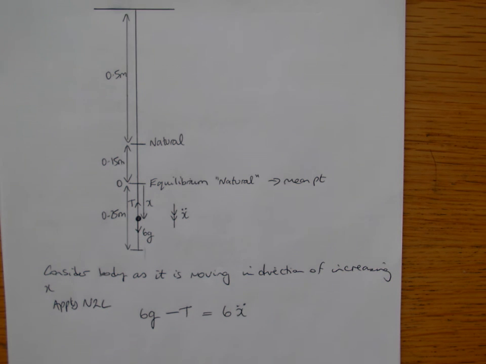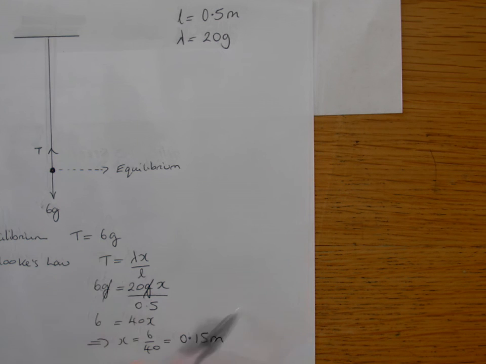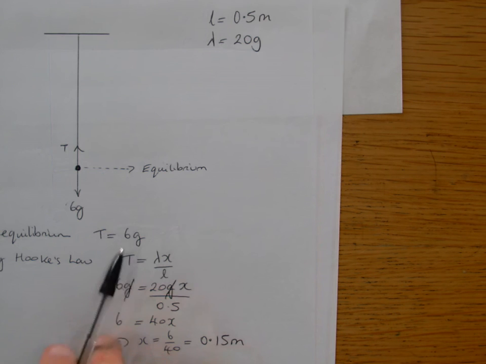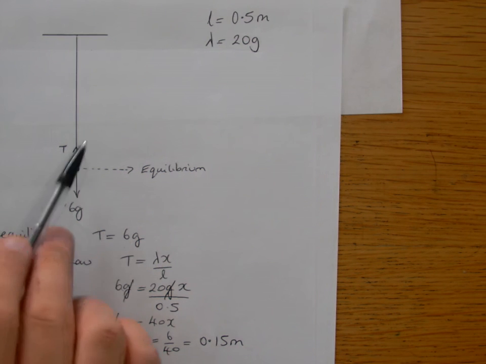But then we know how to work out tension, don't we? Remember, tension can be worked out using Hooke's law. Now tension is not going to be the same as we had in the previous video, because in the previous video we worked out the tension to be 6g. That's only the case when it's in equilibrium, when it's balanced.